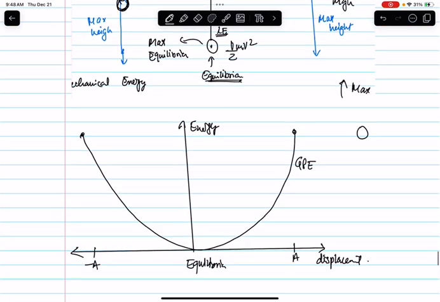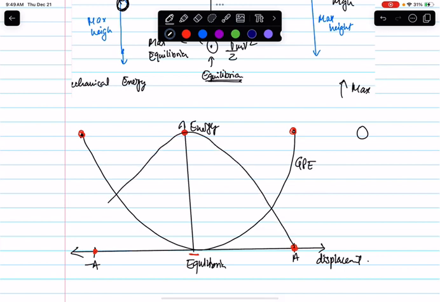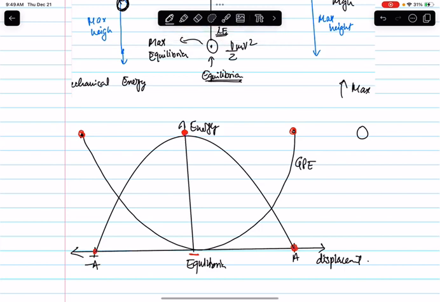So your kinetic energy would have the same maximum as the gravitational potential energy. The kinetic energy is maximum at the equilibrium and 0 at the amplitudes, so it will move this way. It's minimum at the amplitudes and maximum at the equilibrium position.